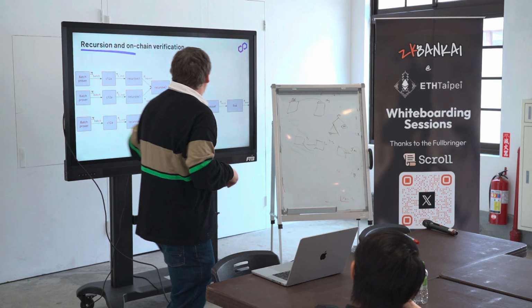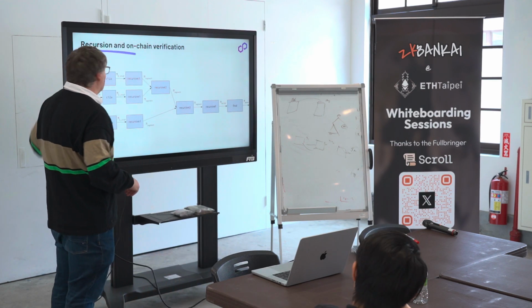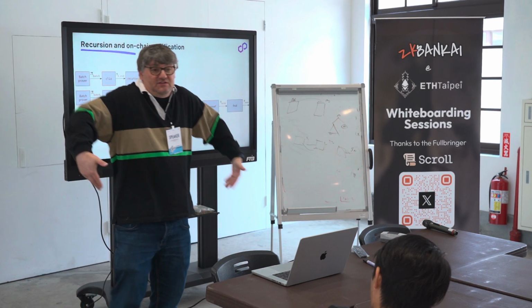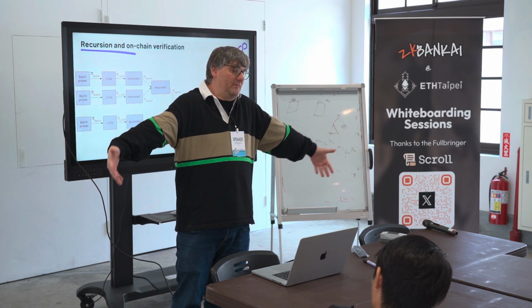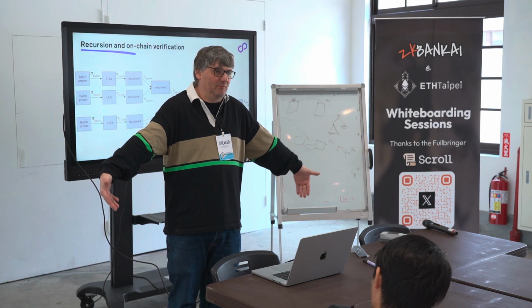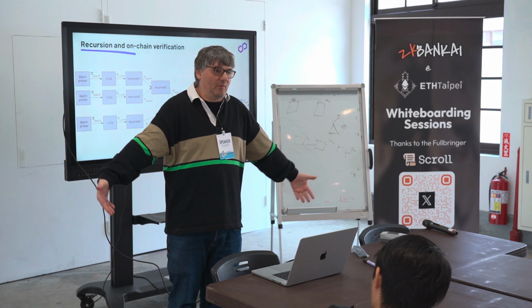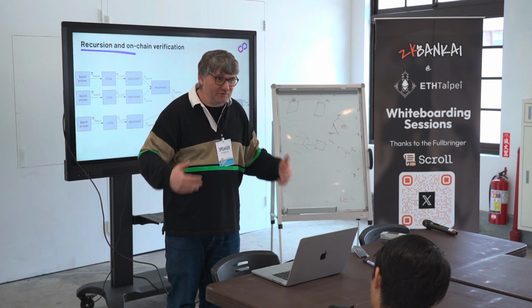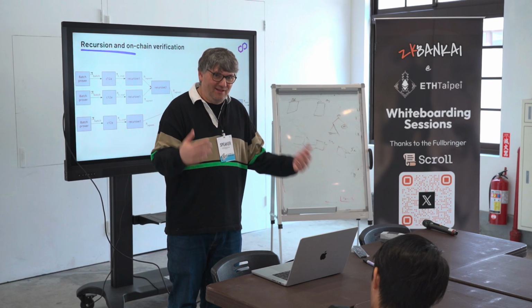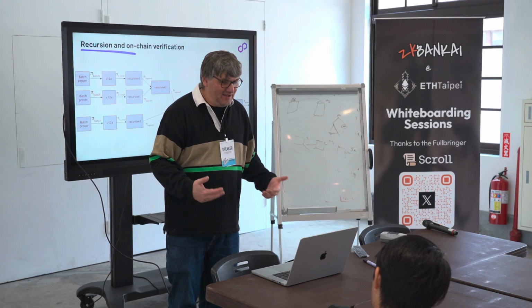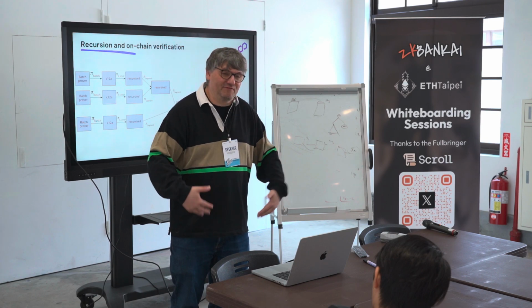Okay, so here, going to recursion. Here we have different batches. This is a monolith. This is just a proof, a big proof. It's a proof that takes a couple of minutes on a 128-core machine with half a terabyte of memory.